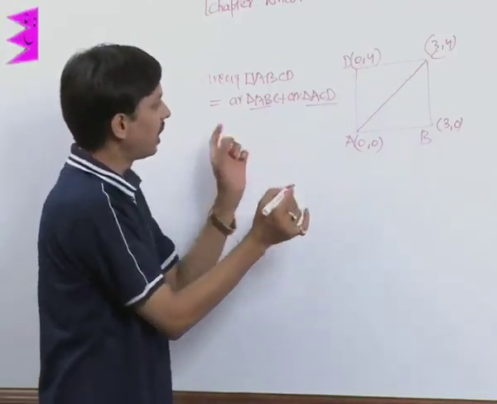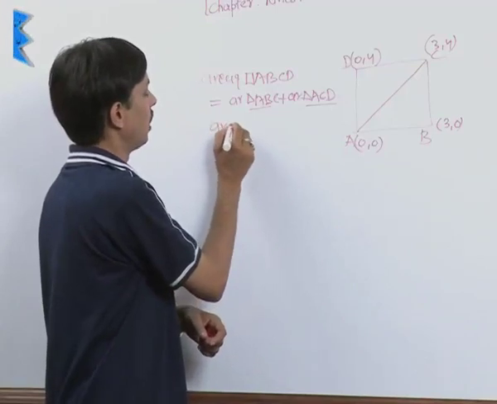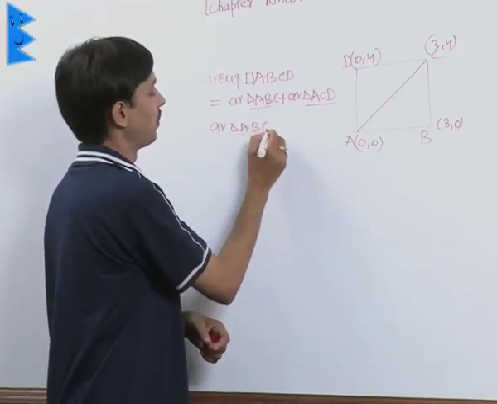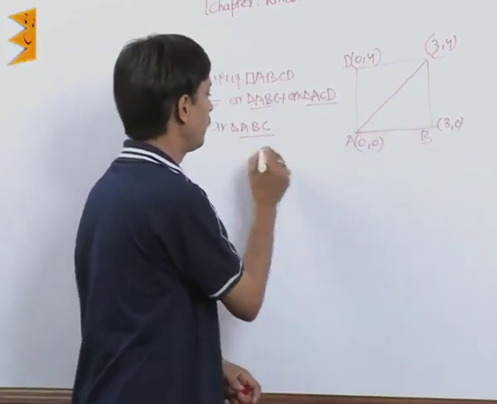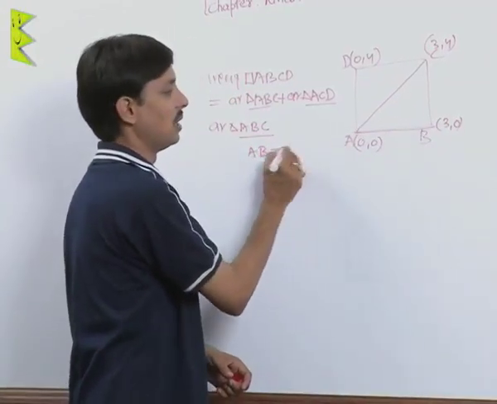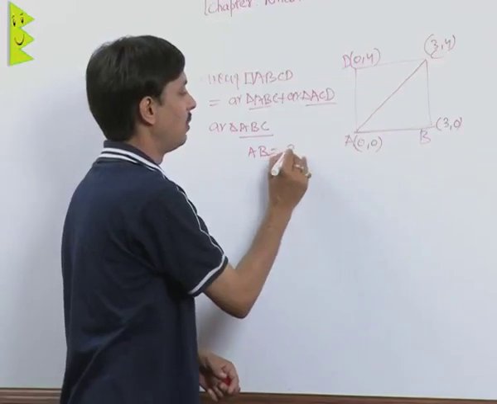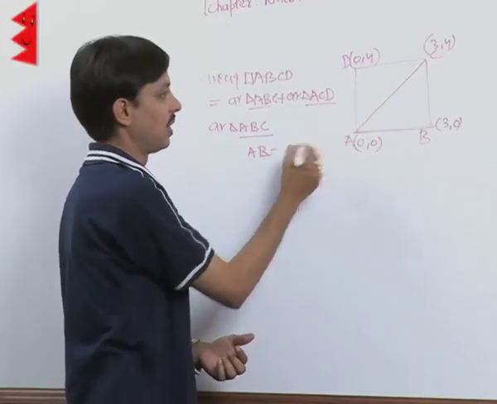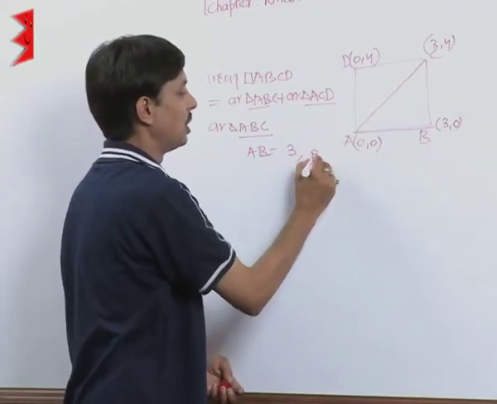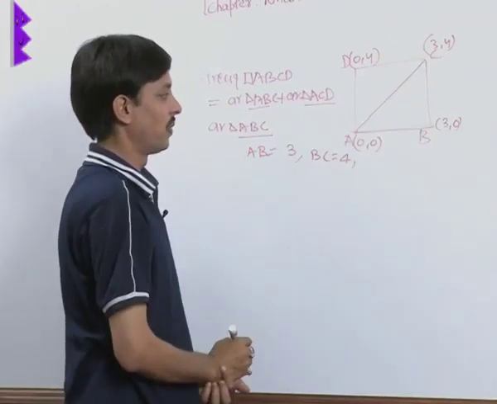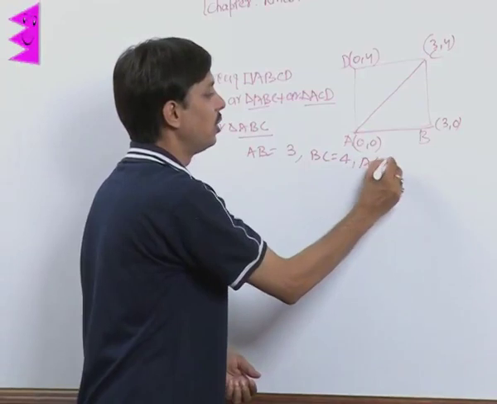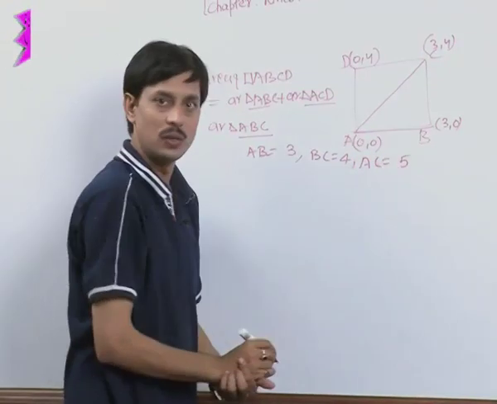Now to calculate the area of triangle ABC, we can calculate it by finding the length of AB. By using the distance formula, we find it is 3 units. Then we will find the length BC. Using the distance formula, we find it is 4. And the length AC, again using the distance formula, we find it is 5.